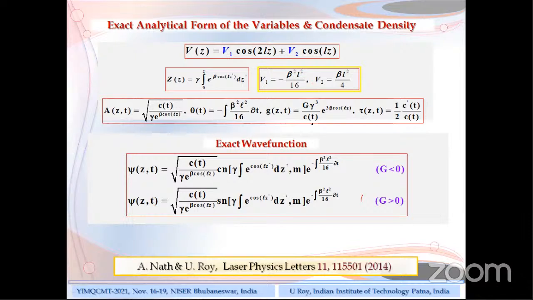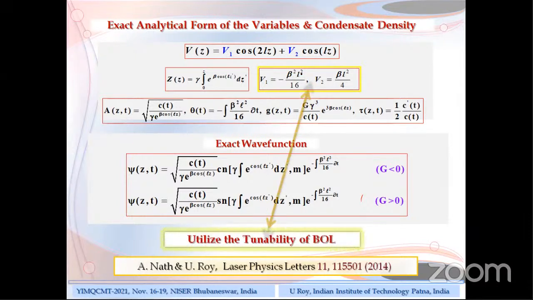So basically we bring in the tunability of the system, that when you have the bichromatic lattice, you know how to control this V1, V2, and it can be addressed in two ways. In experiment, one can play around with the intensity parameter and then see in what situation one can give a stable condensate in this kind of disordered lattice.